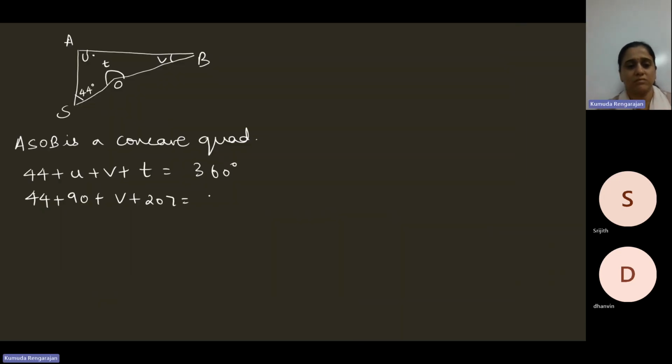B is equal to 90 degrees. V is equal to 90.